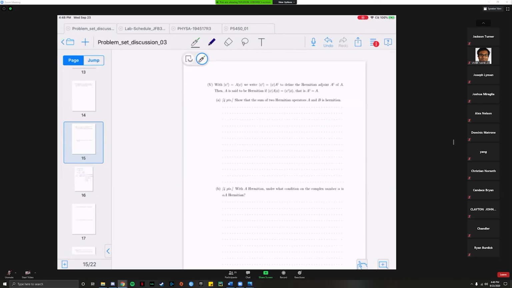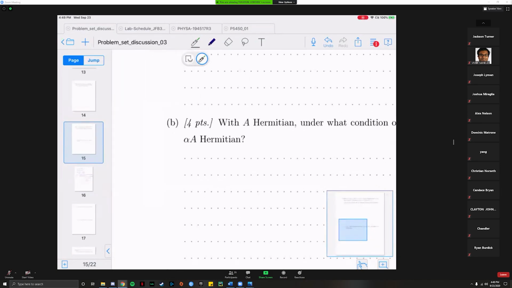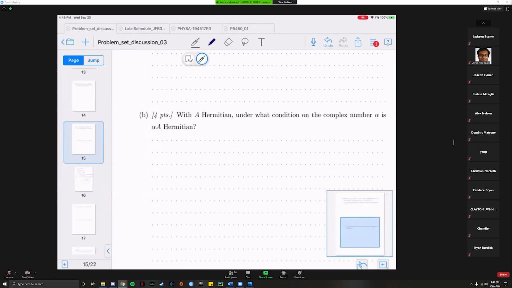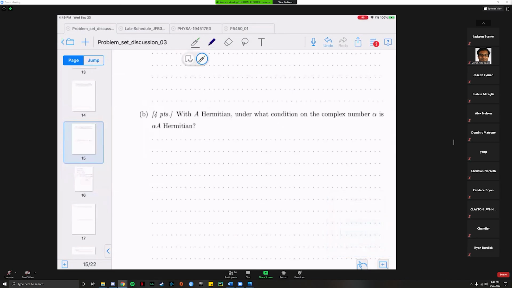I was reading A. Well, tell me what stops you from answering this question. I understand what it's asking for, but I'm a little confused how to start.